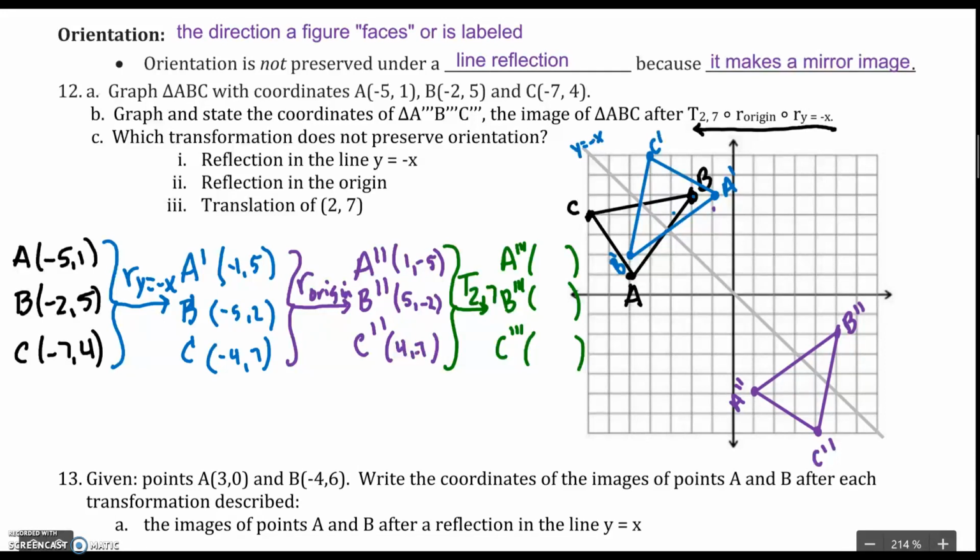So you can graph that and count them from A double prime, right 2, and up 2, 3, 4, 5, 6, 7. Or you can do the shortcut by adding 2 to your x value and 7 to your y. So whether you count or graph, either way, you should get the same coordinates.